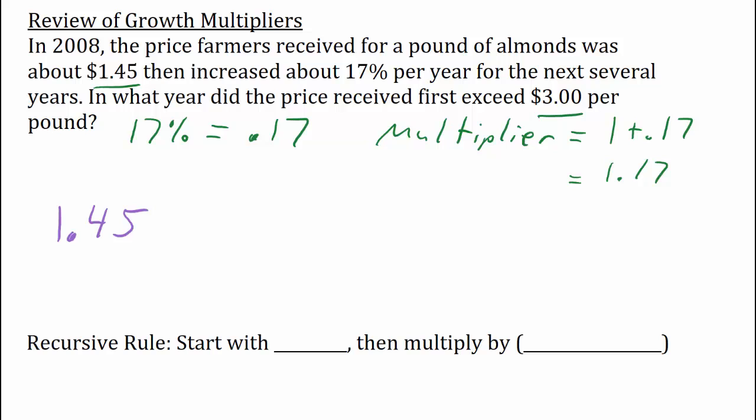Starting with $1.45 and repeatedly multiplying by 1.17, we can figure out what the price will be the following year.